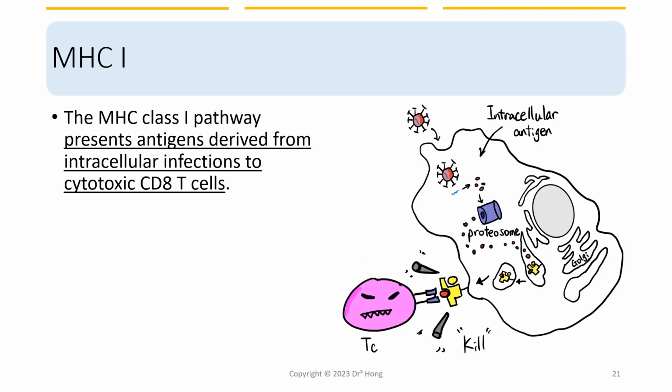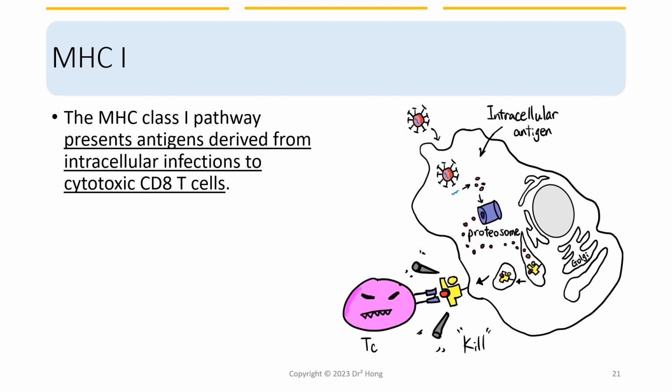Here is another look at how intracellular antigens are processed. This illustration shows a virus infecting a cell, and during the viral cycle, viral proteins are translated. Within our cells, a protective mechanism called the proteasome degrades part of these viral proteins, and they are presented with MHC class 1 on the surface of the cells.